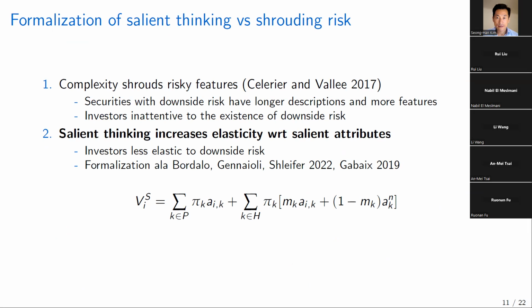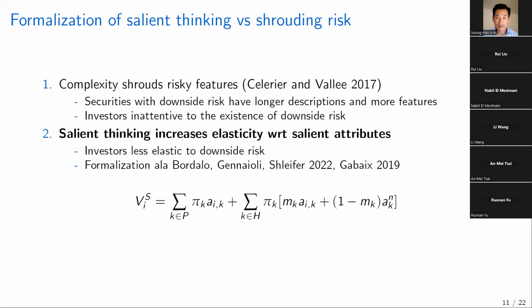Okay, so P are prominent. I'm using similar notation as Bordalo. So P are attributes that are visible. In my context, this would be the headline return and protection level. H stands for hidden. These are attributes that are less prominently displayed, so less visible to investors. In my context, this would be the impact of the knock-in barrier on expected return, for example, or the fair value of the security.